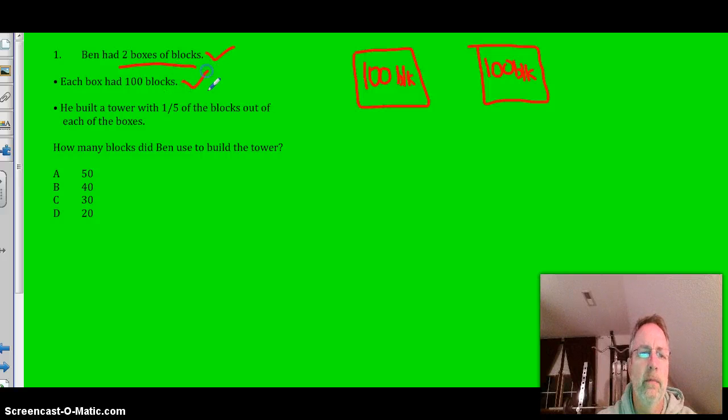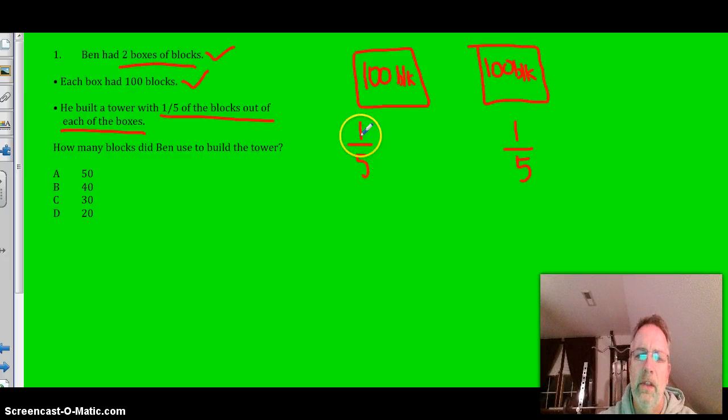He built a large tower with 1/5 of the blocks out of each of the boxes. So he used 1/5 out of that box, and 1/5 out of that box. Of course, if he used 5/5, he would be using all of them, so we know he's only using 1/5.